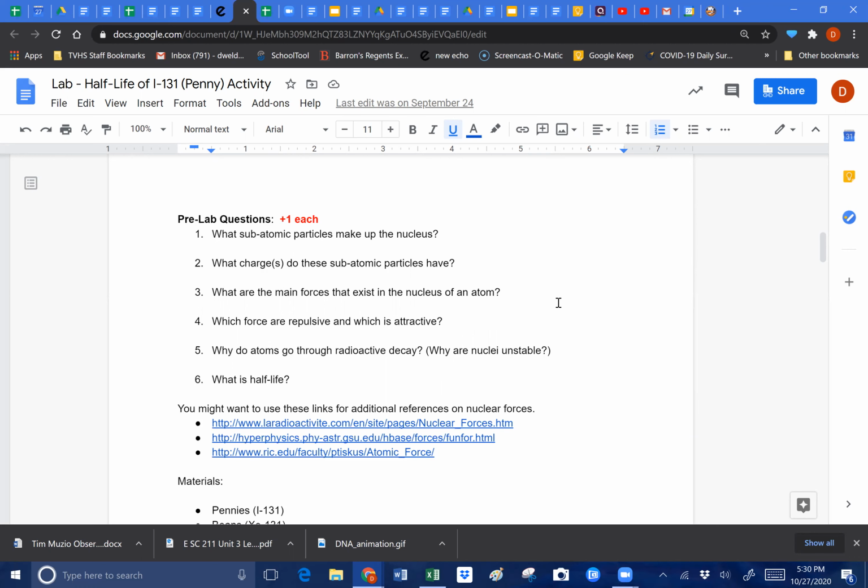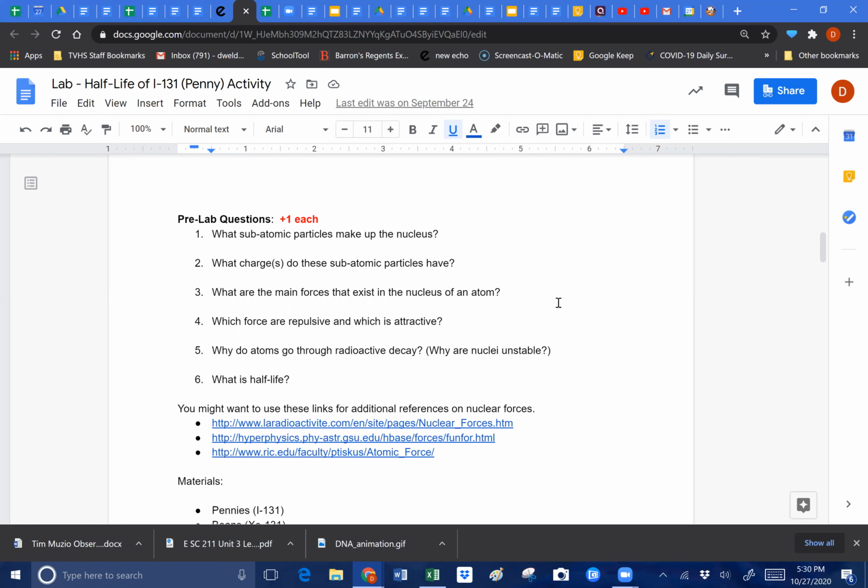They are the strong force, the electromagnetic force, the weak force, and the force of gravity. The gravitational and weak forces are so tiny, they have almost no impact. The main forces in the nucleus holding the protons and neutrons together are the strong force, which is an attractive force, and the electromagnetic force, which is repulsive in the nucleus.